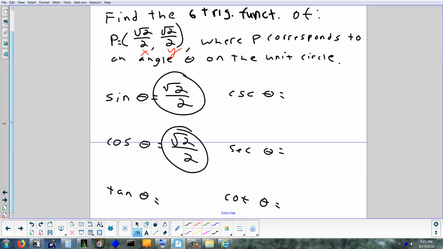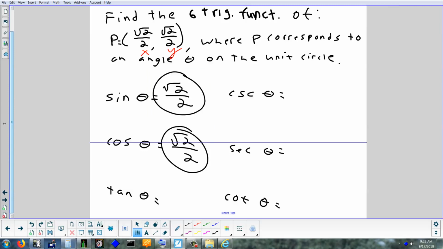Christian, what's my formula for tangent? It's x over y. X over y is cotangent. Oh, I got it. It's y over x. Again, in this case, that wouldn't make a difference because they're the same, but normally it would. So y over x. So we've got y, and we've got x. So all we're really doing is dividing two things that are the same. So Corey, if I divide two things that are the same, what do I get?